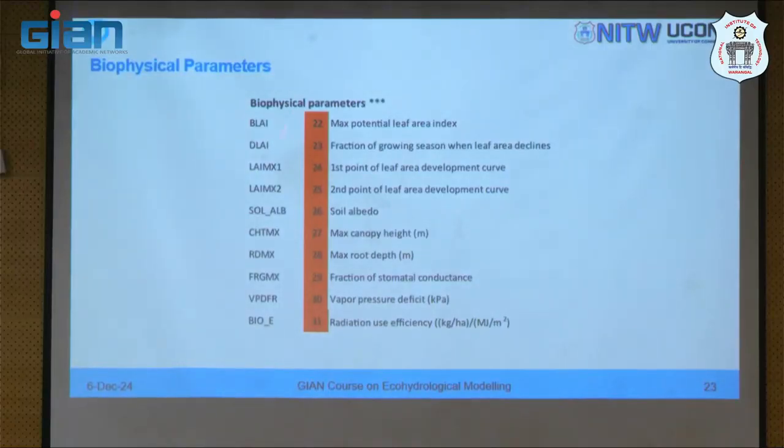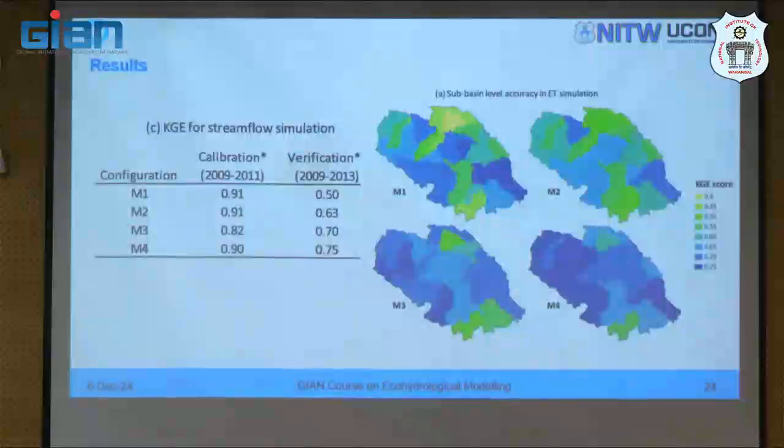Okay? So these are some of the 10 parameters which they also included in the streamflow simulation. When you are doing it with streamflow, they used KGE, Kling-Gupta efficiency, and included these also in the calibration process. So basically, this will change your other water balance components such as ET and other things. Okay? So let's see the results.